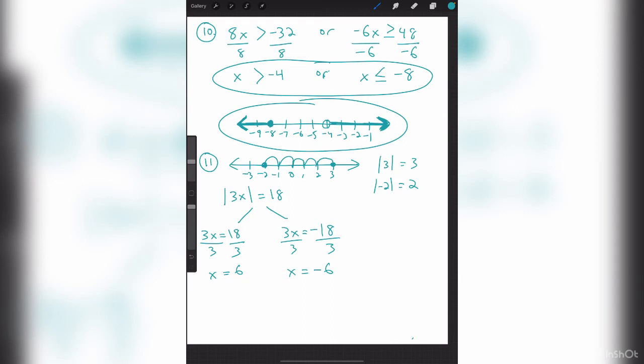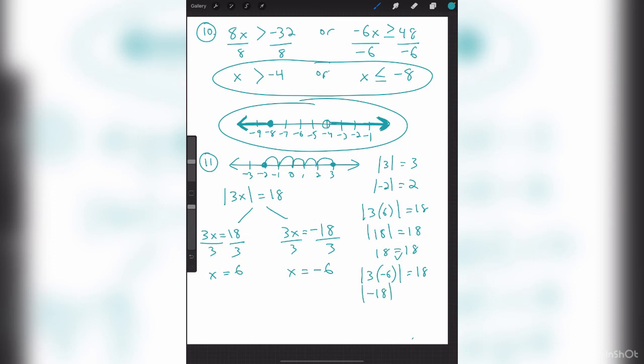Let me just check my work. The absolute value of 3 times 6 is equal to 18. That would give me 18. The absolute value of 18 is equal to 18. Right? Is 18 equal to 18? Yes, it is. And if I do the other version of it, right? If I say the absolute value of 3 times -6, I'm just checking my work here, is equal to 18.